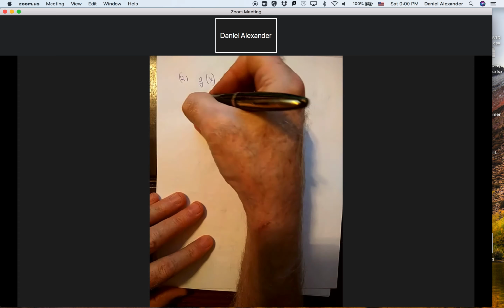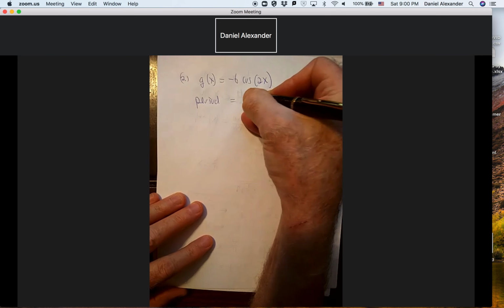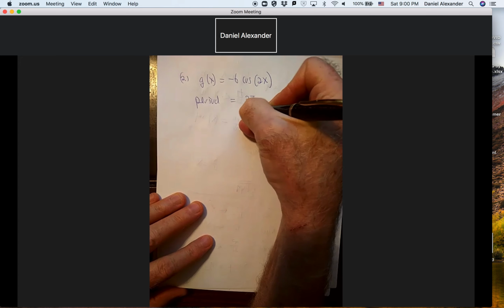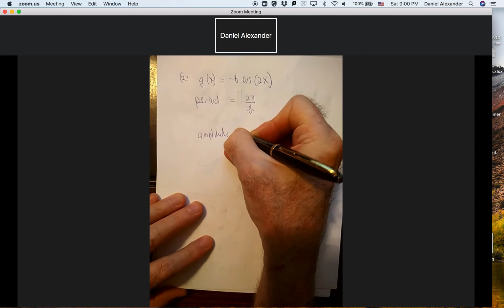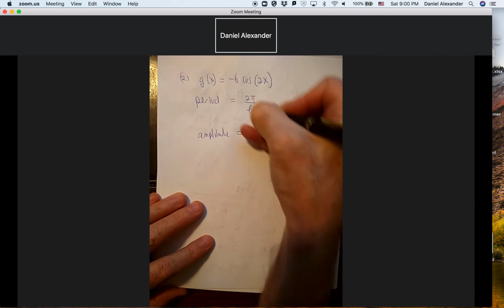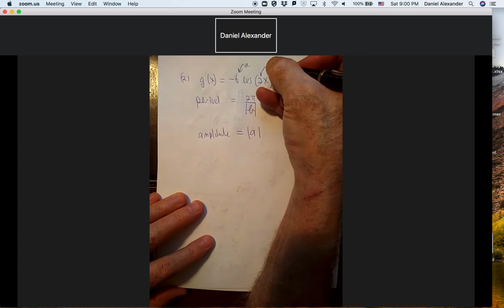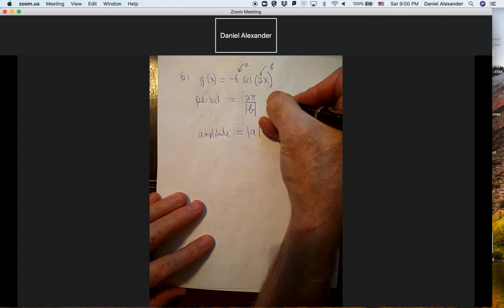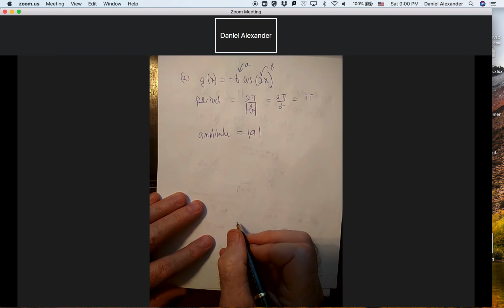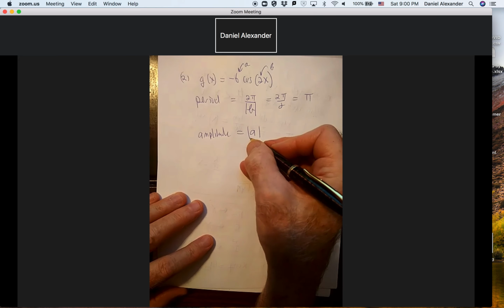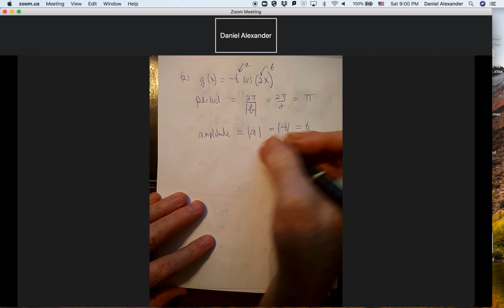Again, we want to find the period and the amplitude. That's A, that's B. 2 pi over B is going to be 2 pi over 2, so just pi. That's going to be the period. The amplitude is going to be the absolute value of A, which is absolute minus 6, which is 6.